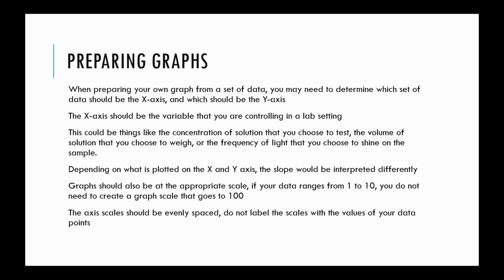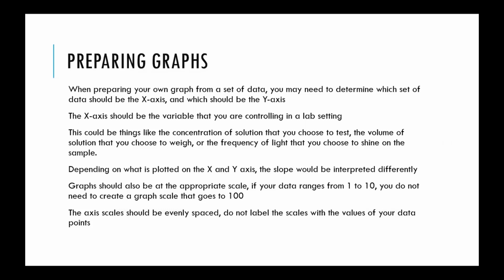And typically in a lab setting, like a chemistry lab, the x-axis would be the value that you control, that you are physically changing. That is the independent variable. If you're changing the thermostat from one setting to another, that's what you're controlling. And whatever happens because of that, the temperature goes up, that would be on the y-axis.